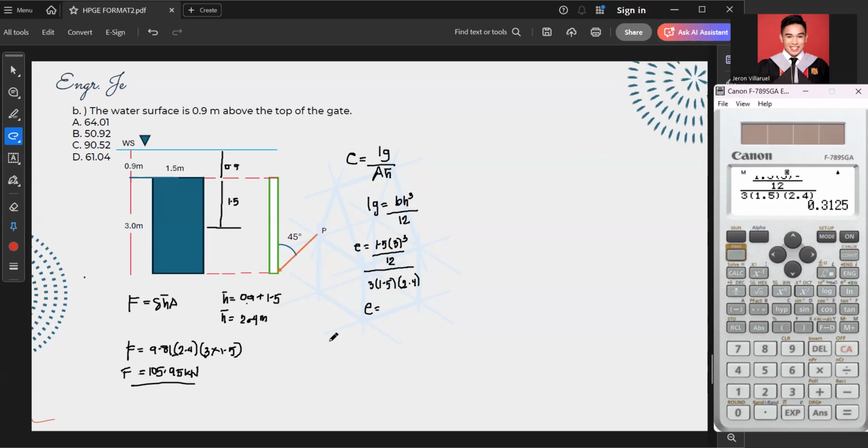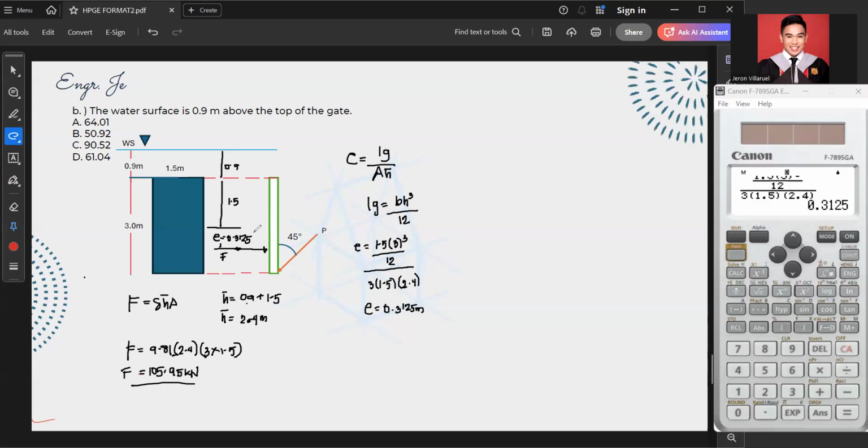Our eccentricity is 0.3125 meters. So our eccentricity here, and this is the center of pressure, 0.3125 meters.